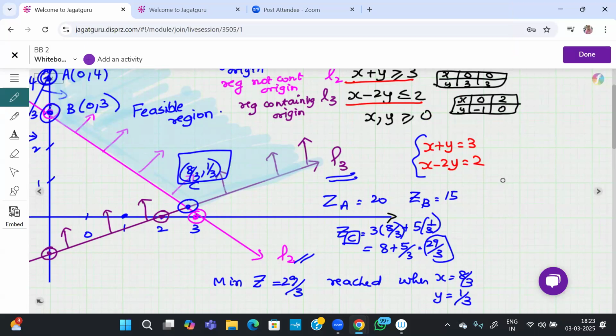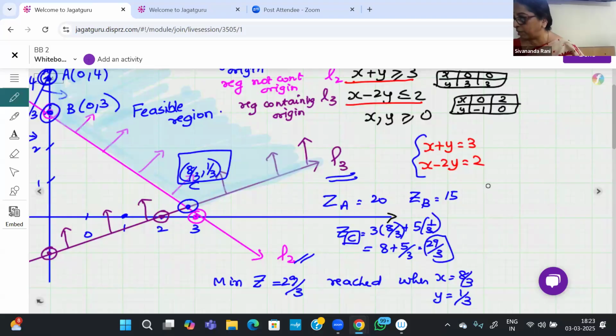If it's not related to the feasible region, then we need to know whether there is some point somewhere in the feasible region which might give you a value less than this, just to rule out that possibility.